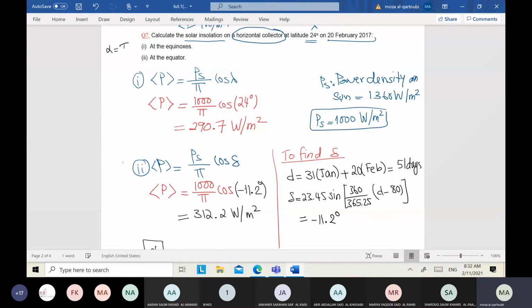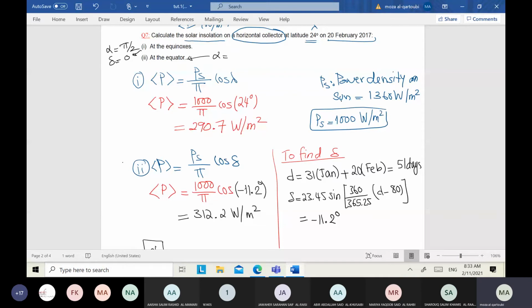This is at the equinoxes. At the equator, delta depends on the number of days. We found it in this case equals minus 11.2. If another question asks for the value of our angle alpha at the equator, this value also equals pi over 2, 90.